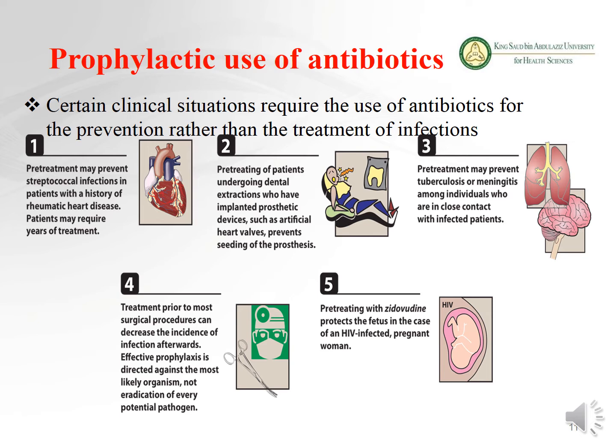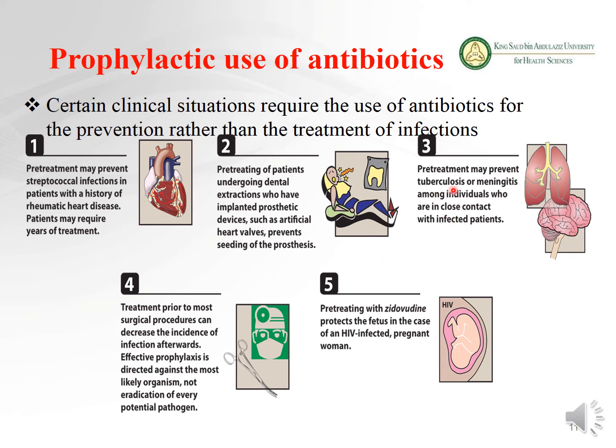There are certain cases where we can use antibiotics prophylactically, like dental procedures, which can lead to bacterial infections. In the case of patients with a history of rheumatic disease, these patients are more prone to staphylococcal infections, so they are given prophylactic antibiotics.